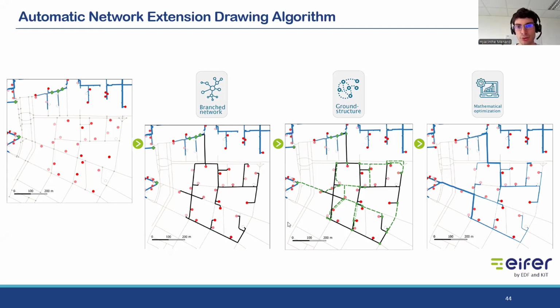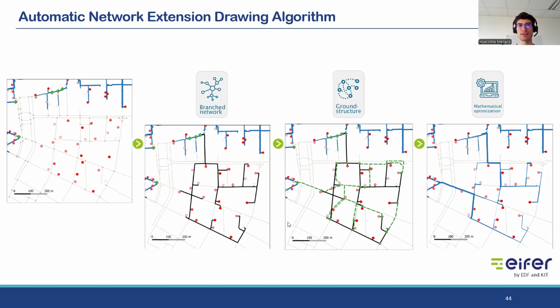Then I use the ground structure method, which here in green finds all the potential pipes that could be added to this first branch network in order to create more connections and potentially some loops in the network. And then I use a simple mathematical optimization algorithm that will optimize which of these pipes could actually be built or not, and with which diameter, in order to decrease the cost.